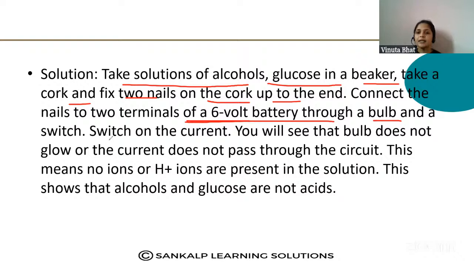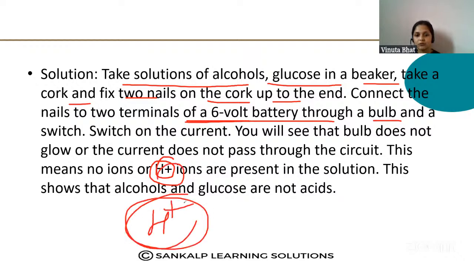When current passes through this, you can see that the bulb is not producing light. These alcohols and glucose will not form H plus ions, so they are not conducting electricity.